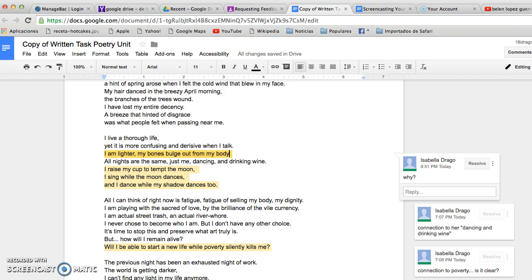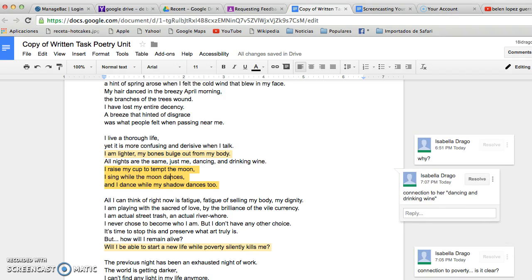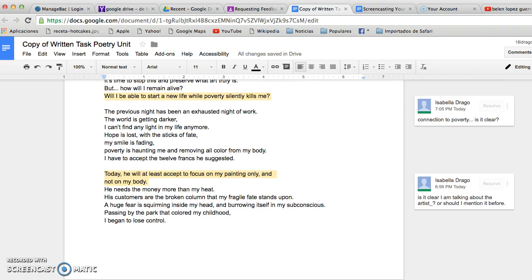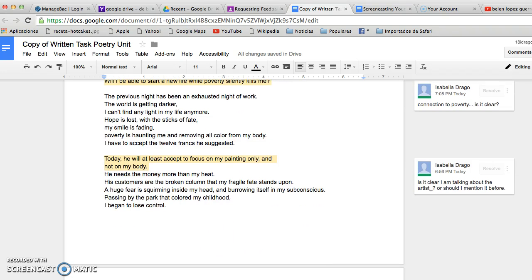And then here I'm describing her as a prostitute, as she's dancing and drinking wine, as the actual poem does as well. And then here I'm saying, today he will at least accept to focus on my painting only and not on my body.